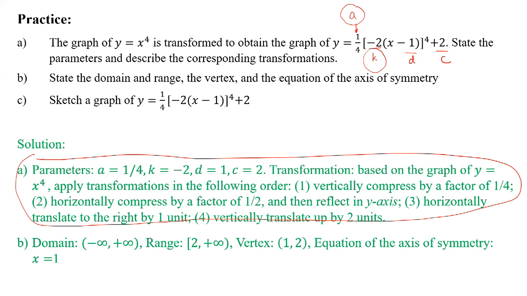All right. So the domain of the transformed function is apparently -infinity to +infinity. There are no constraints on x here. The range is 2 to infinity. Why? Because for the first part, the smallest value is 0.